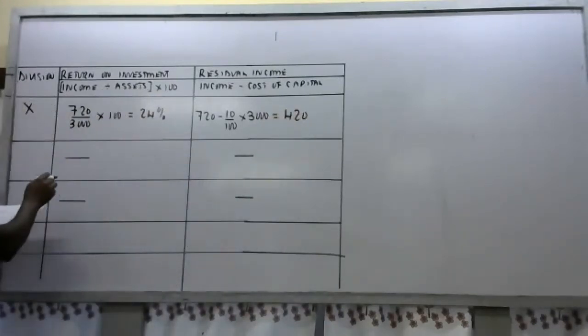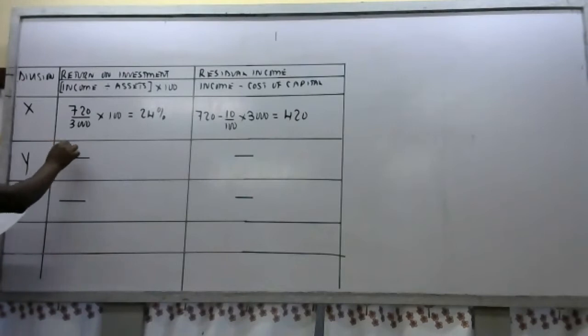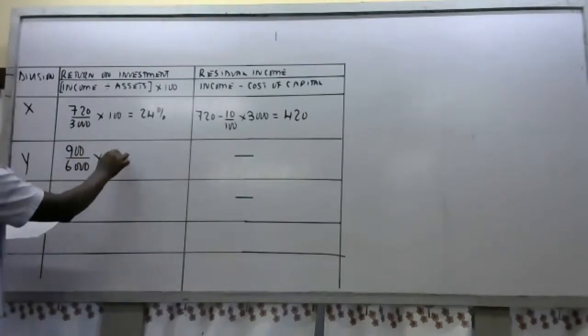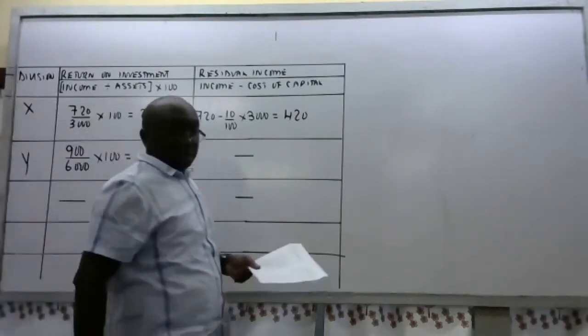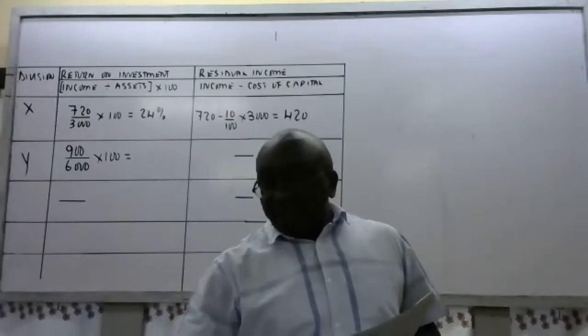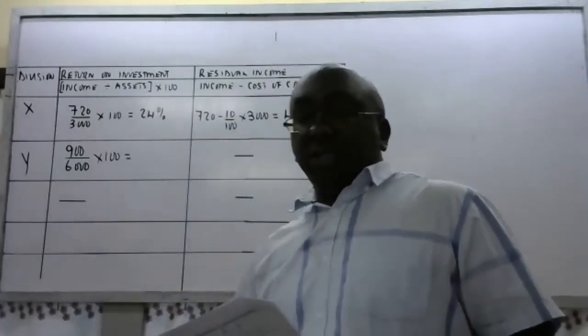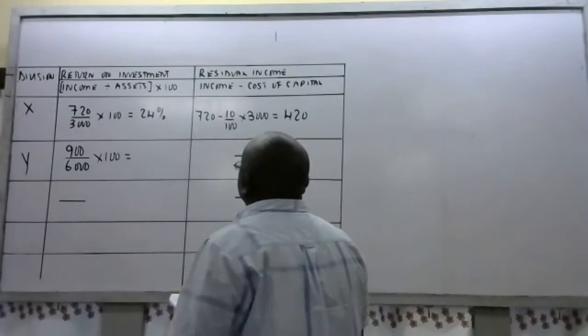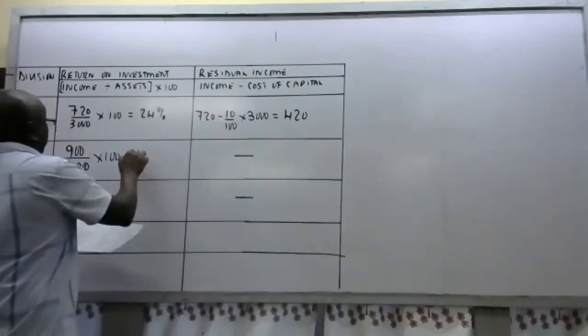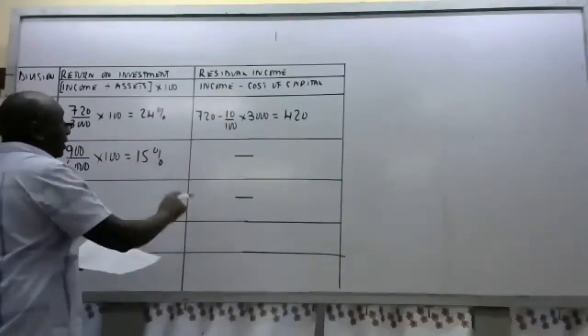Let us go to division Y. Division Y, you do the same thing, 900 divided by 6,000 times 100. Give me what percent that is. I can see June already sending 15%.